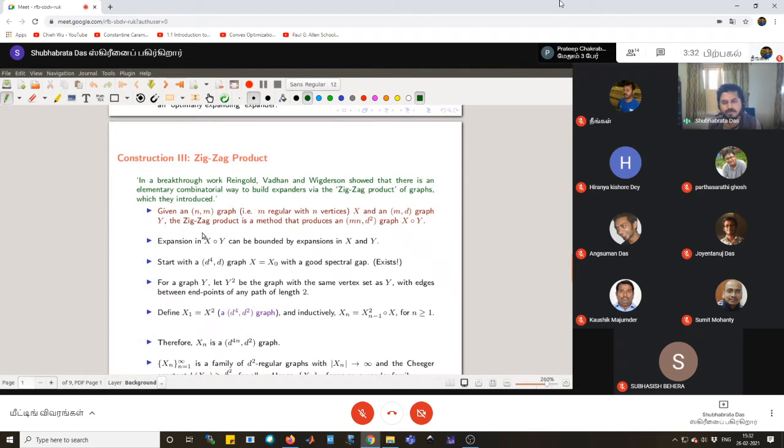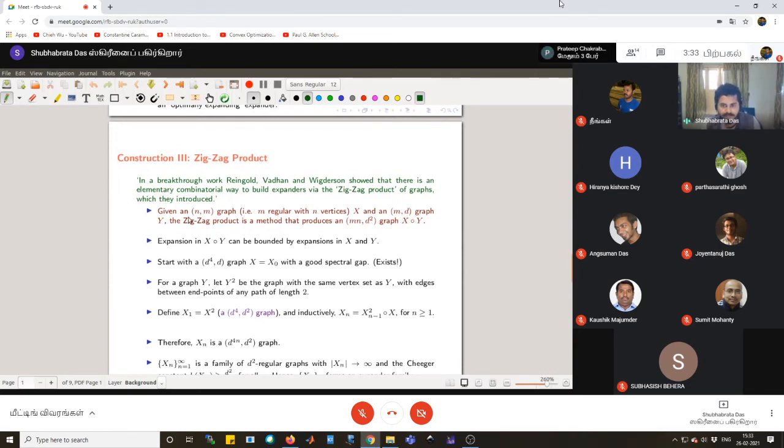So what they do is essentially you start with an (n, m) graph, where n is the number of vertices and m is the degree. So you have an m-regular graph with n vertices, which is X, and you look at the numbers carefully. We are taking m-regular graphs with n vertices, and then we are taking d-regular graphs with m vertices.